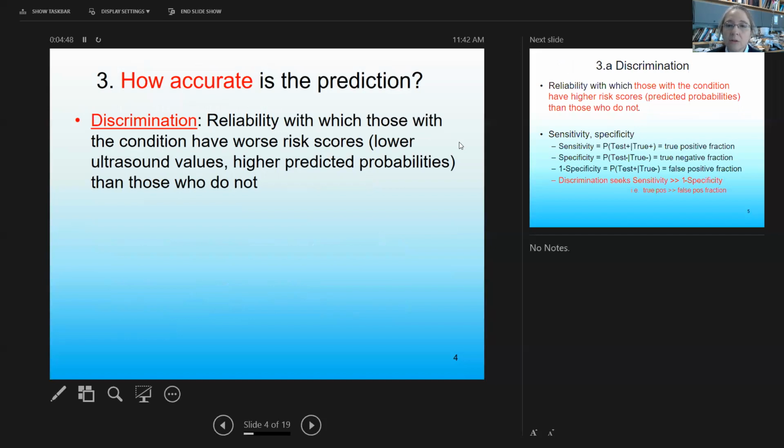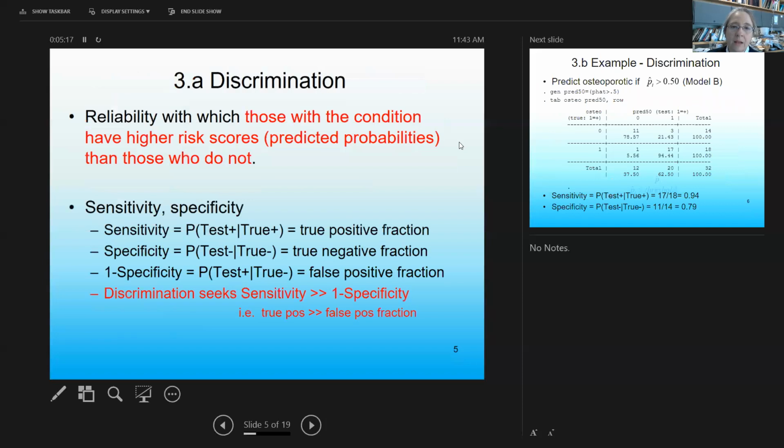Discrimination characterizes the reliability with which those with the condition, say with osteoporosis, have worse risk scores than those who don't. So again, for osteoporosis, this would be the reliability with which those who are osteoporotic have lower ultrasound values or higher predicted probabilities compared to those who don't.